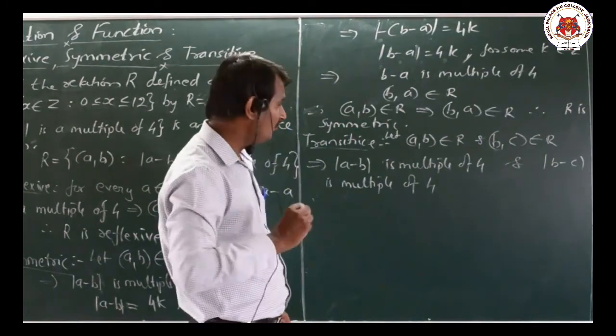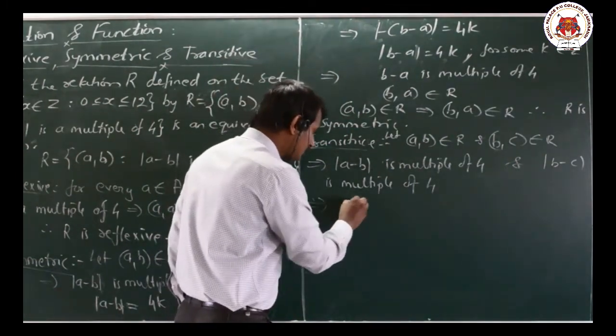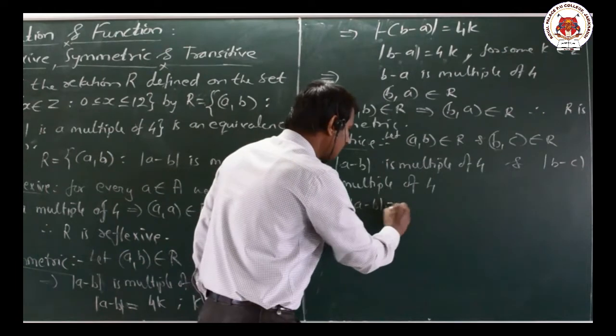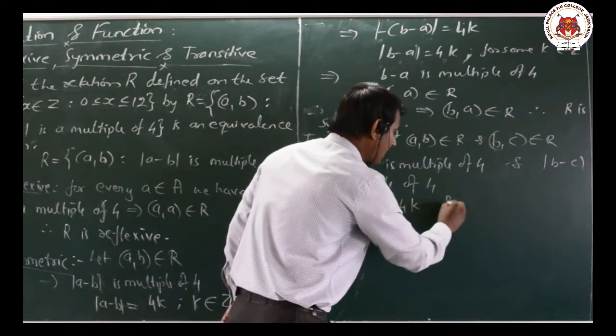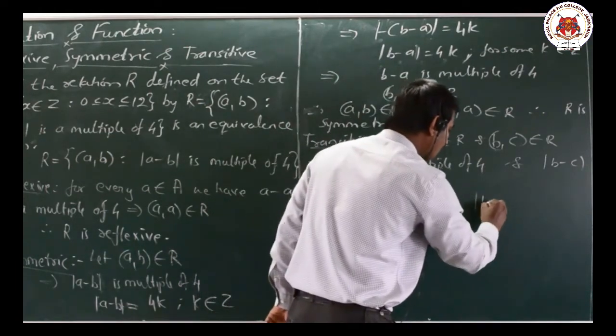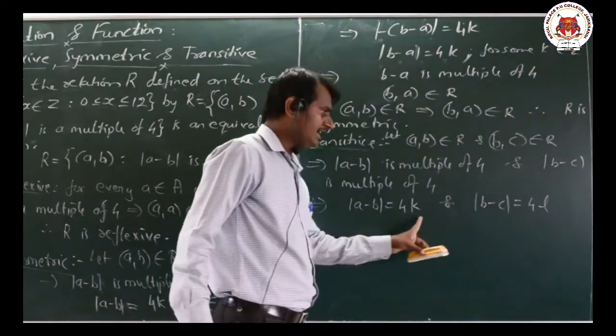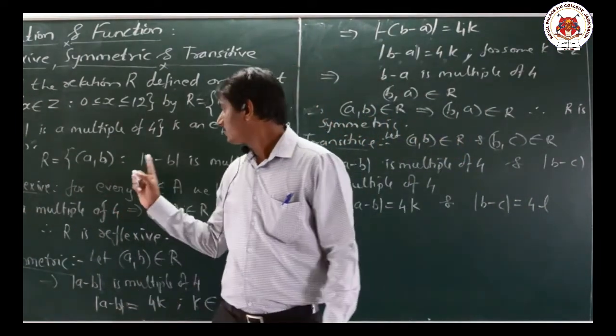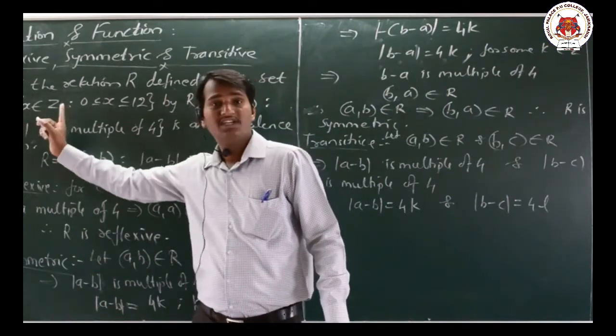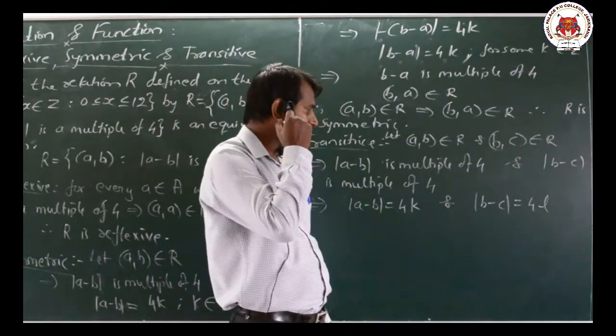I can write it as mod of a minus b equal to 4k, and mod of b minus c equal to 4l, where k and l belong to the integers Z, for some integers.